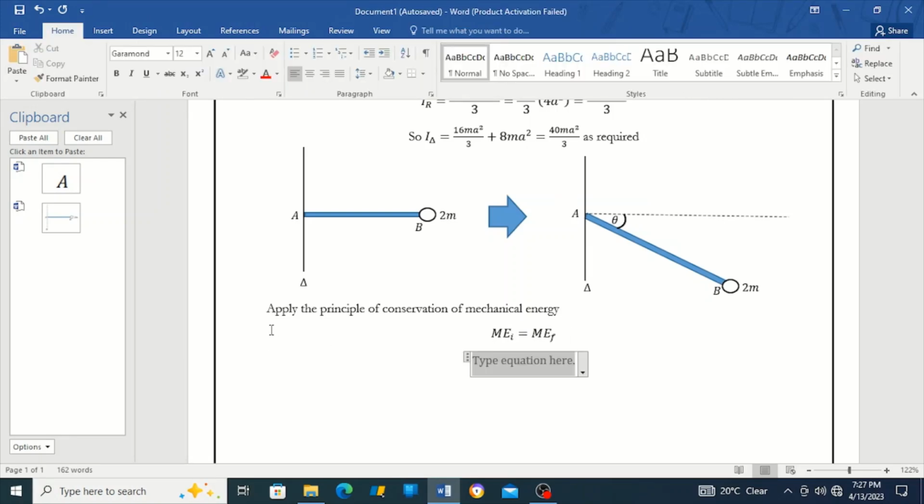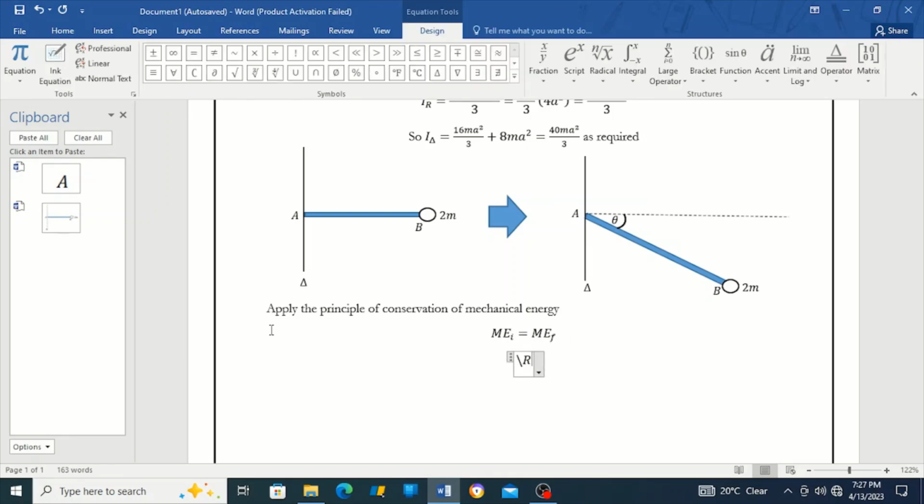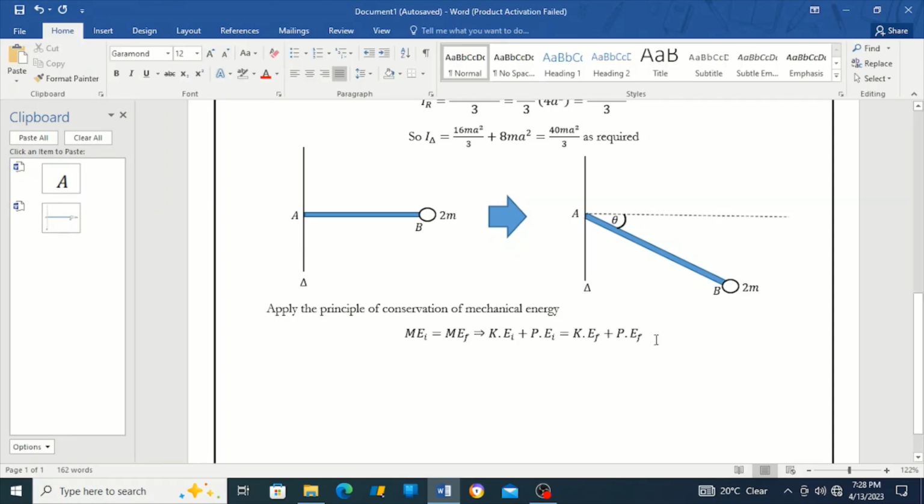Now, what does this mean? Mechanical energy is the sum of the kinetic and the potential energy. So we have the initial kinetic energy plus the initial potential energy equal to the final kinetic energy plus the final potential energy. Now we need to look for these quantities and just replace them.